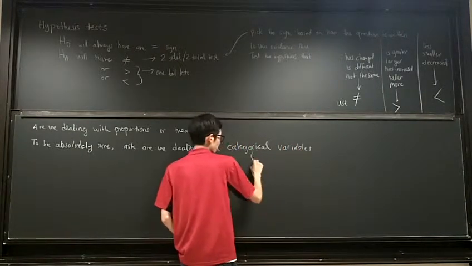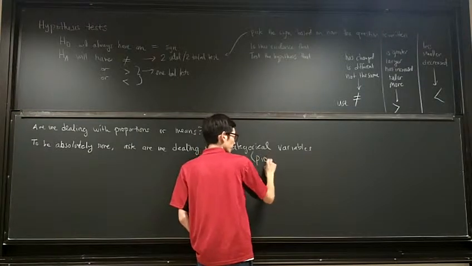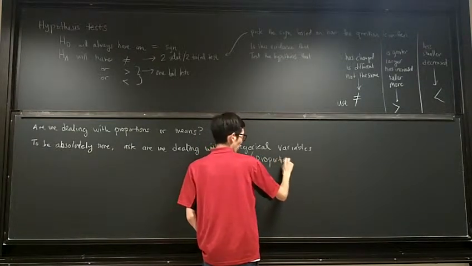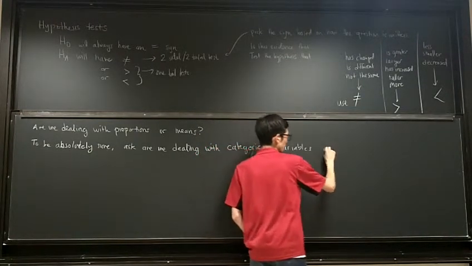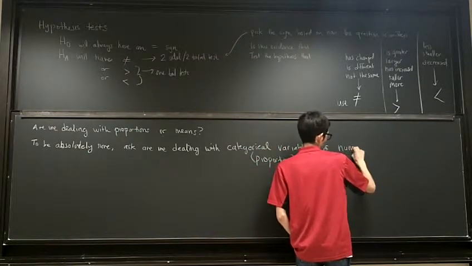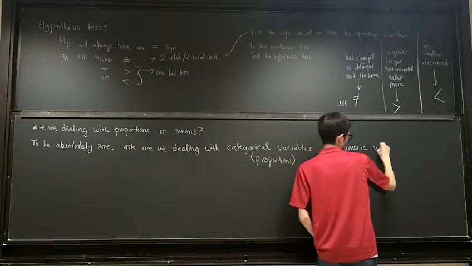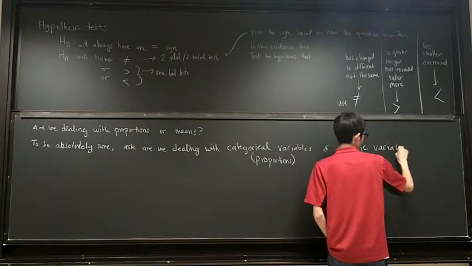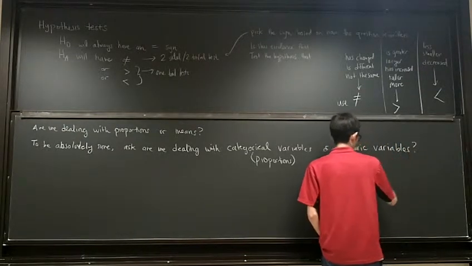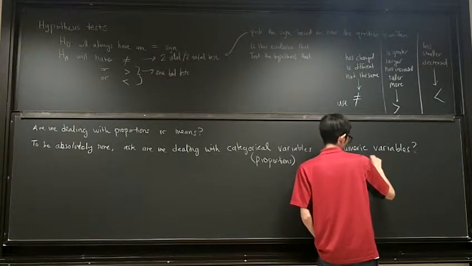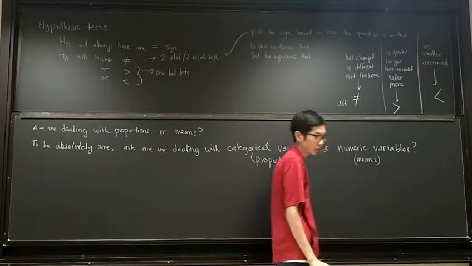Okay, and if it's categorical variables, we're dealing with proportions. Or numeric variables. This means we're dealing with means.